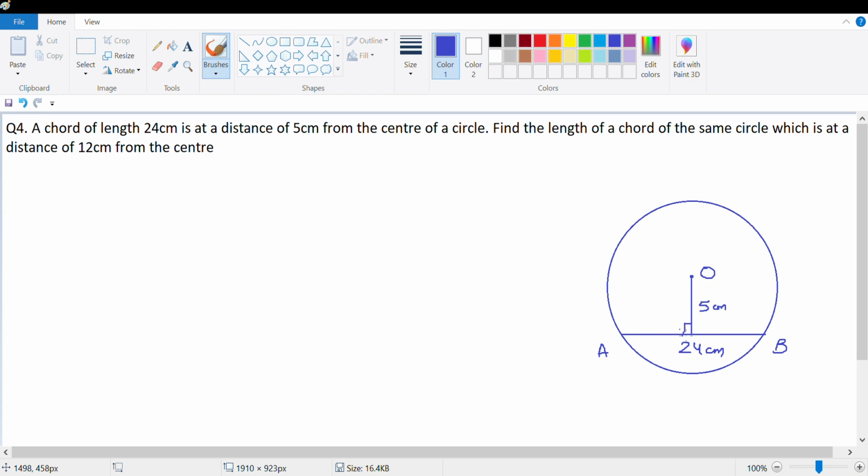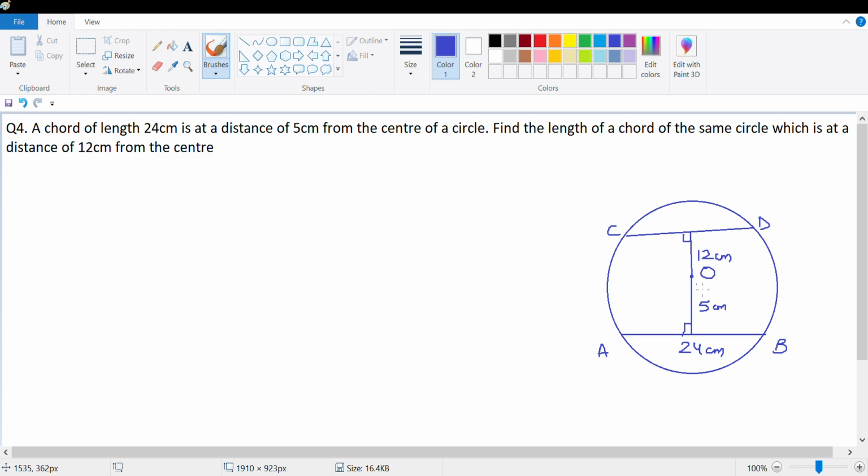So yes, find the length of a chord of the same circle which is at a distance of 12 centimeter from the center. So there's another chord. Let's call this chord CD, and the distance between these two is 12 centimeter.